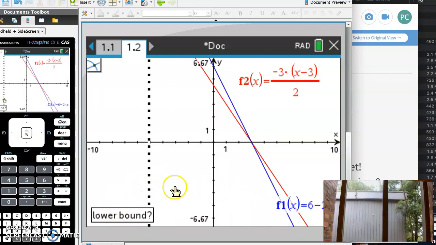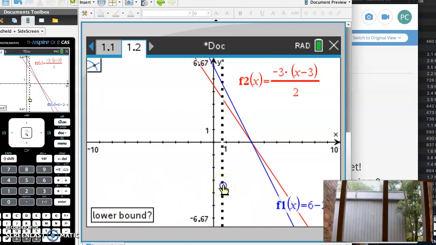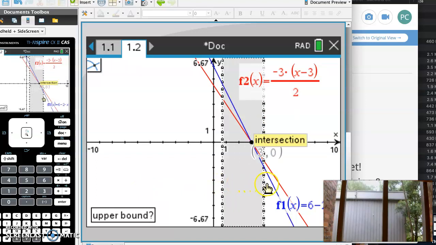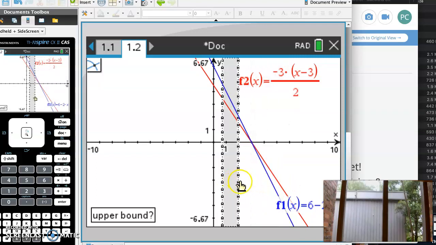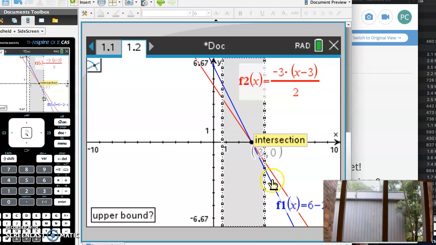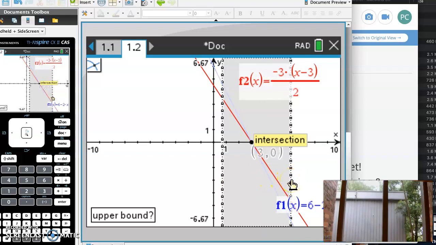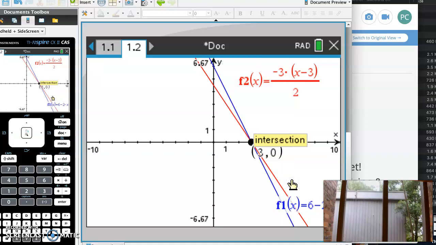That means I just need to click somewhere below where the intersection is, and then it changes to upper bound. And that grey area that you can see is where it's searching for somewhere where they cross. And as soon as it finds one, it comes up with the point and intersection. And if I click, then it'll stamp that intersection point right onto my graph page.